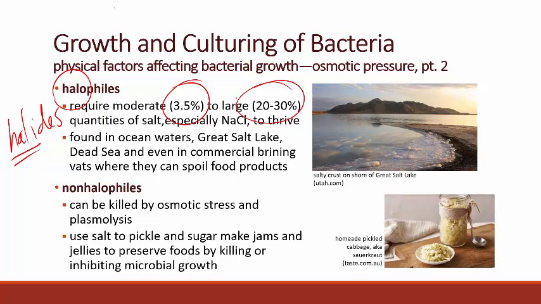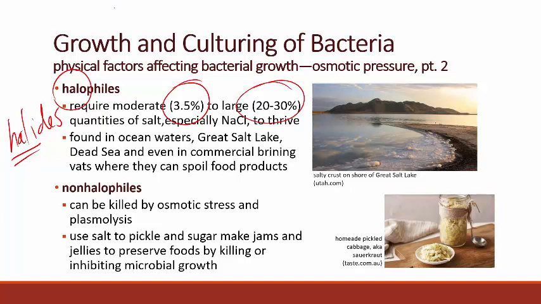The Dead Sea over in the Middle East is a place where there's water coming in, it brings salts with it, but there's no outlet, and then the water evaporates and leaves the salt behind, and more salt keeps coming in, and so the Dead Sea is very salty as well. And we can even find halophiles in commercial brining vats, where sometimes these halophiles will spoil the food products.